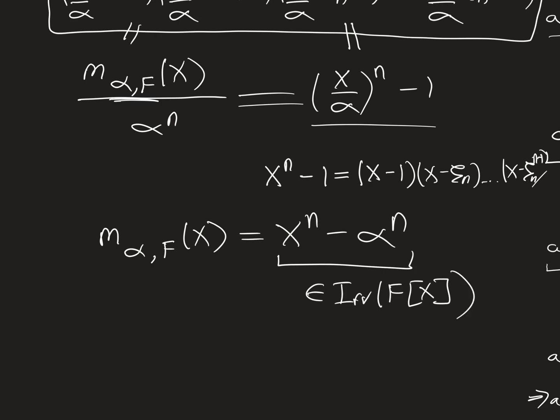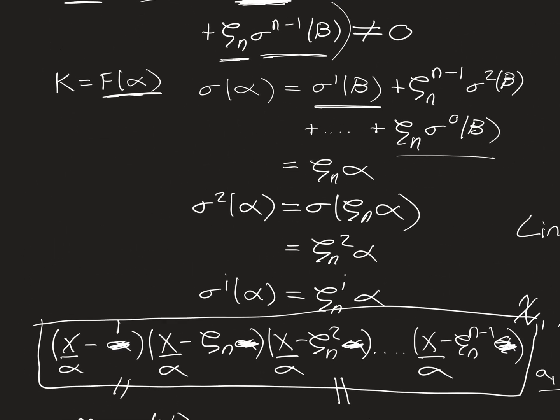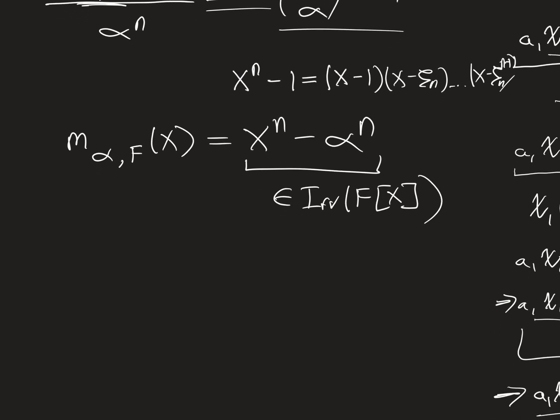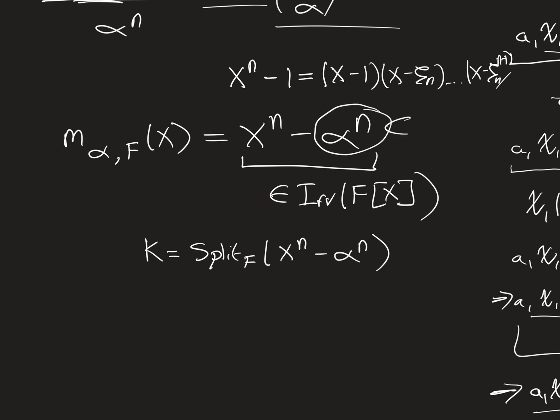And we've already argued that adjoining alpha must give you the entirety of K. So what we've therefore seen is that K is going to be the splitting field over F of this irreducible polynomial, which is in F. So again, the minimal polynomial has to be in F. So whatever alpha to the n is, it's some element in F. So this polynomial does split in K, as we've seen.